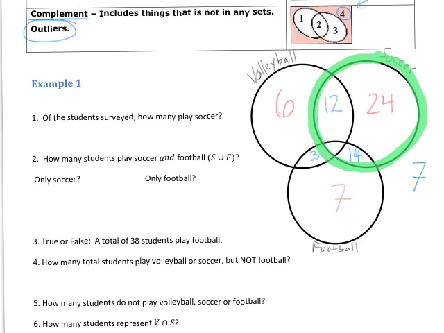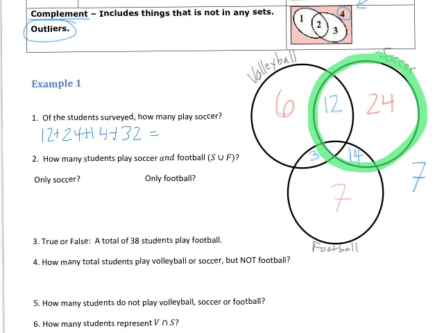So let's do that. 12 plus 24 plus 14 plus 32. You would just add all those up, and that would be how many students play soccer, because we're doing the entire circle of soccer. I'm not going to add for you. You can do that, and we'll talk about it in class.